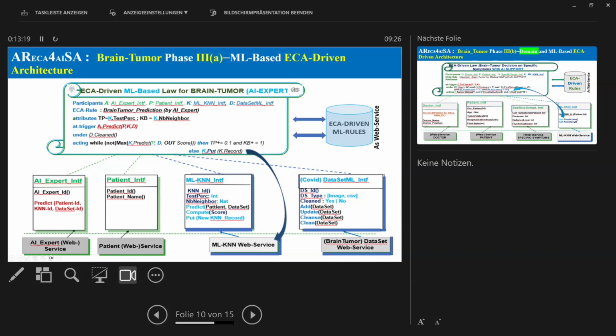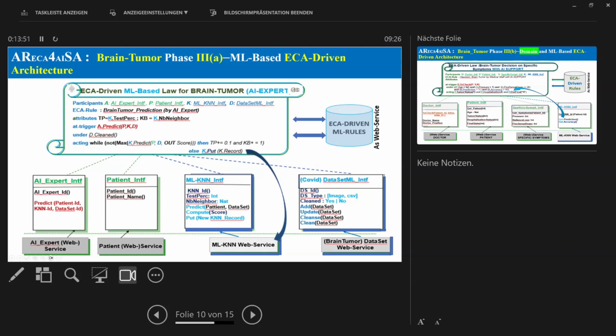If we want to predict, we first have to clean the data sets, and we have to loop until we get the highest accuracy and prediction. Then, because the KNN algorithm is perceived as a web service, we put the result on the web service.